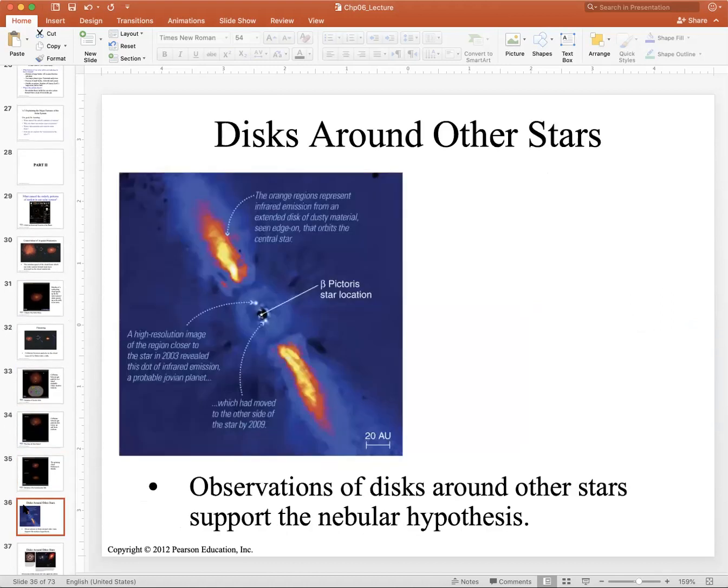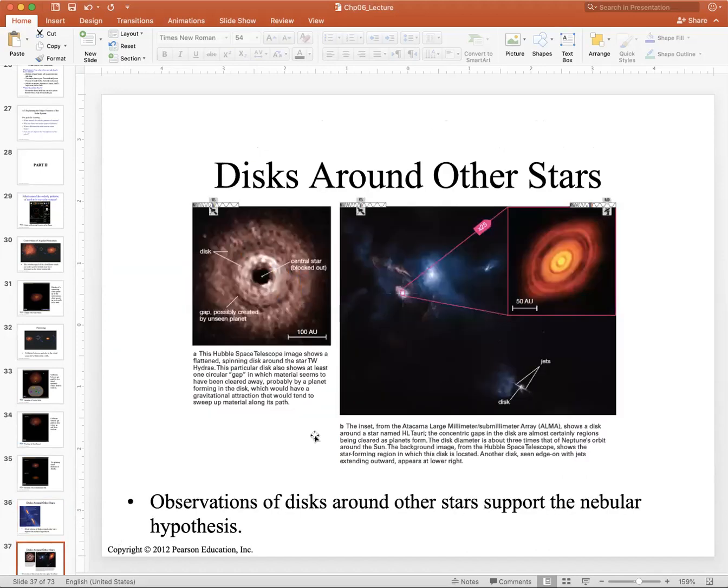We have also found the same stuff happening in other solar systems outside of our own planetary system, right? So we have seen it in the observations, especially with the ALMA telescope, have shown us the nebular hypothesis is actually correct. So you can see that there are also gaps in the disk. So these are not in our own solar system. This is somewhere else where you have the central star, but there are gaps here.